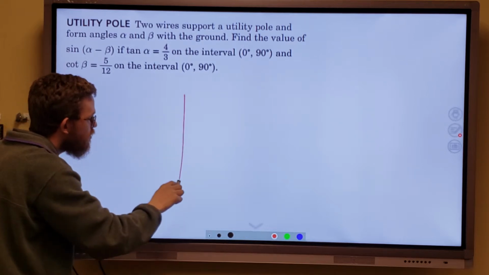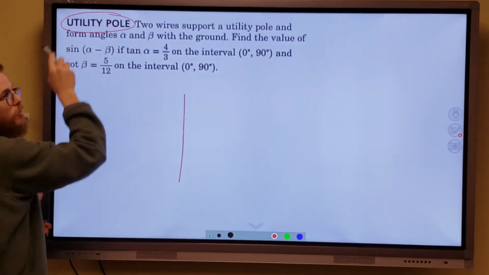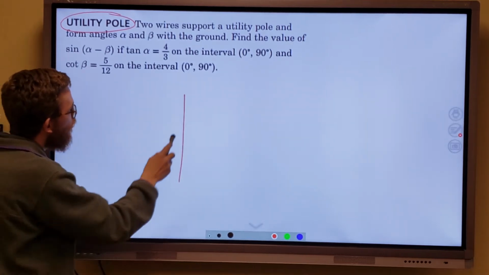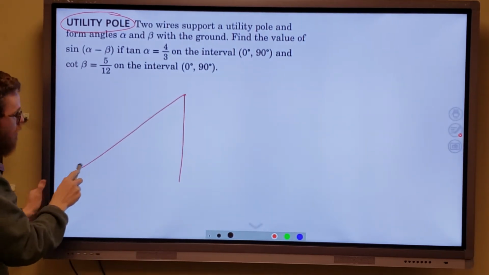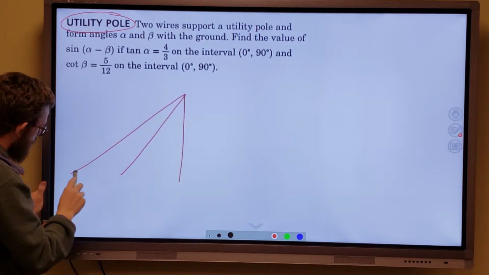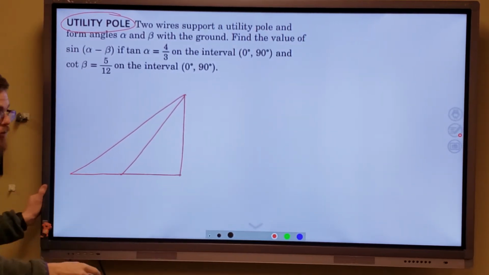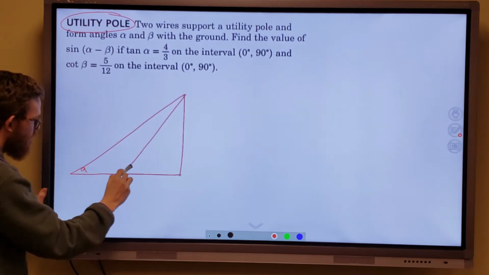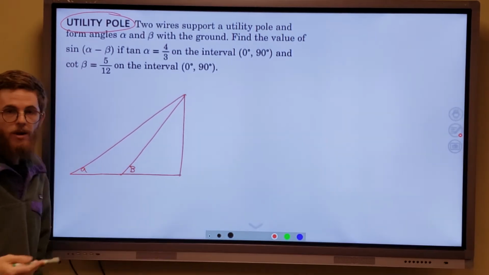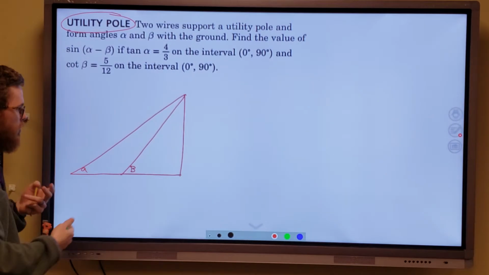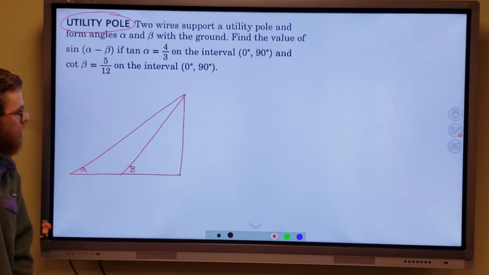We have a utility pole, and with this utility pole, there are two wires going to the ground. Two wires going to the ground are forming two different angles. One of them is alpha, one of them is beta, one of them is A, one of them is B. We don't really know which one's the greater angle, so it doesn't matter where we place them.